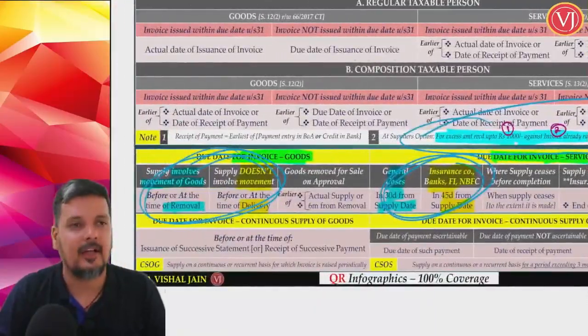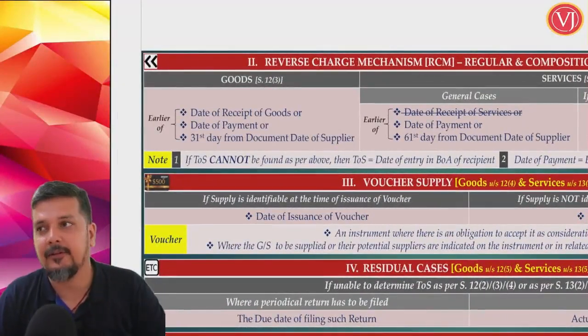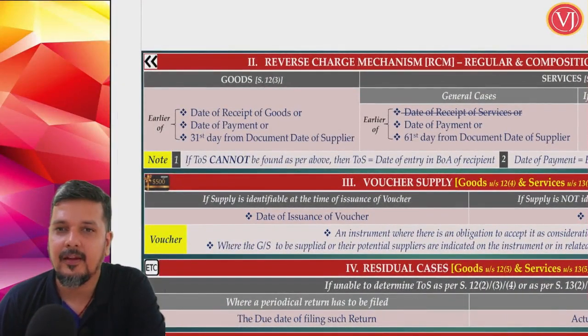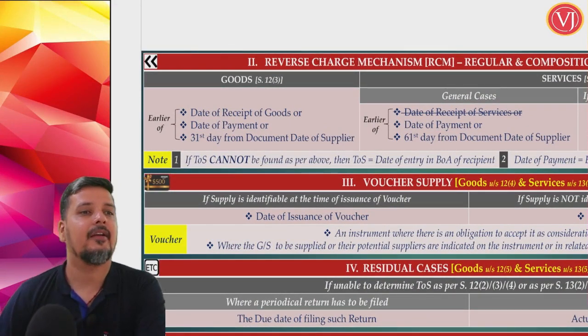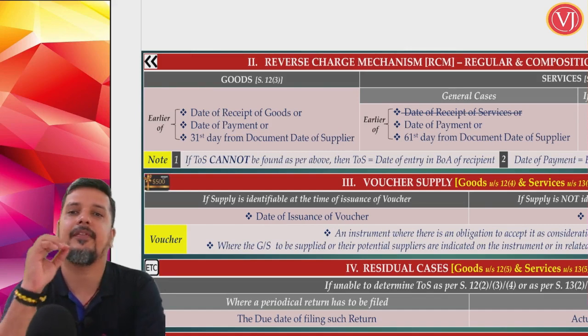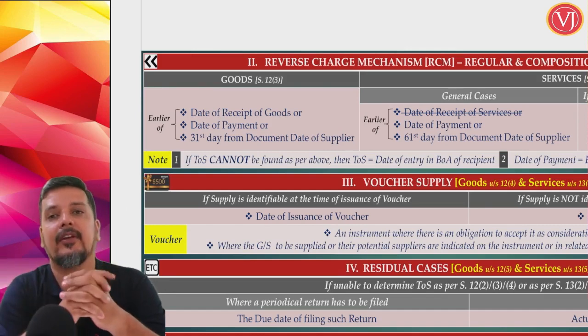So that is about time of supply for FCM. Now time of supply for RCM. It is just ulta of FCM. In time of supply for FCM, how many situations were there for goods sector? 2.